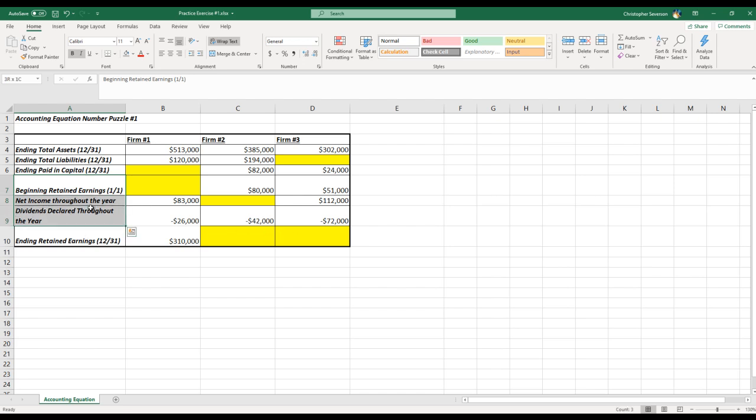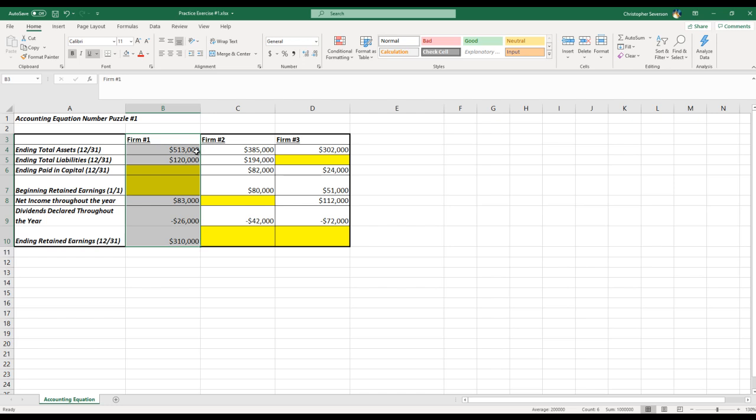They give you the components: beginning retained earnings plus net income minus dividends gives you ending retained earnings. Remember, dividends are generally going to be a negative number because they're being subtracted out of retained earnings. Again, keep in mind every firm is independent. So we're going to try to figure out some of the missing pieces for this equation.